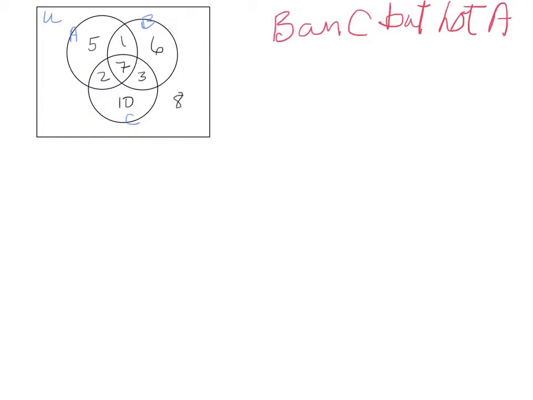So how do we write that out? Well, if we write that out, B and C is written that way, but they're not in set A. So they're in set B and C, but not A, so that means it's a union A complement. So it's not an A complement.